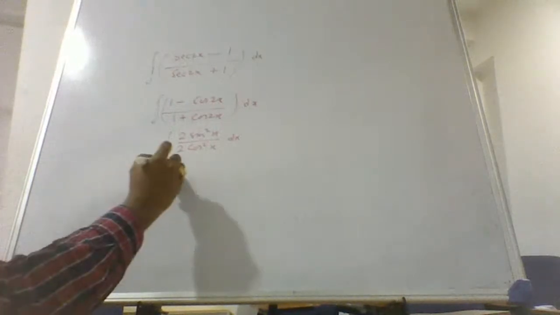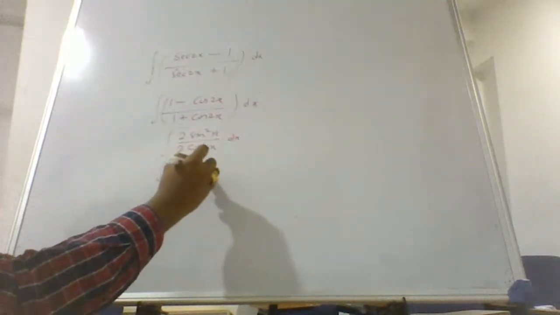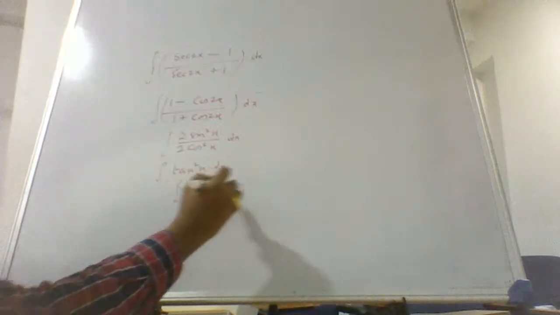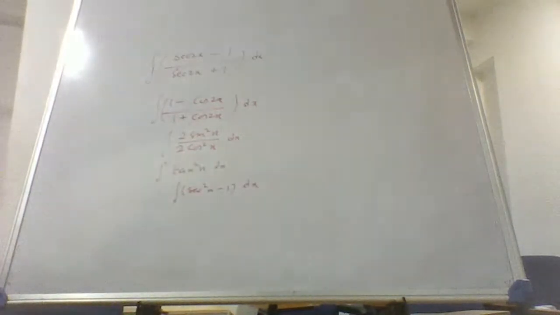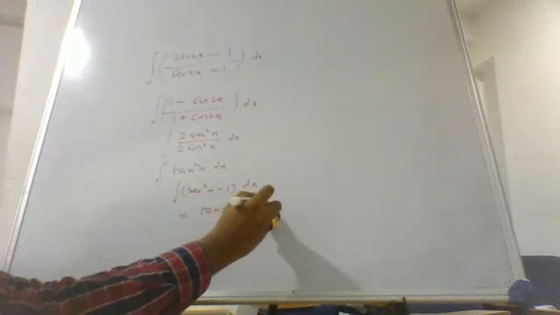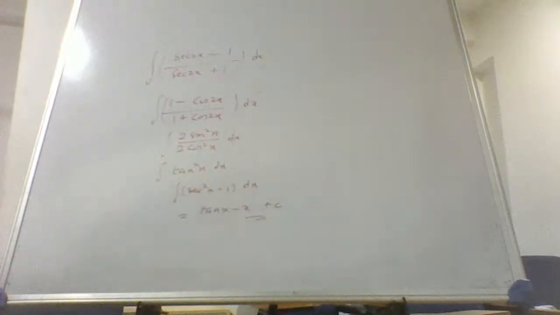Now this will be the integration of tan square x dx. Now this is (secant square x minus 1) dx. Now this is tan x minus x plus c, the integration of this.